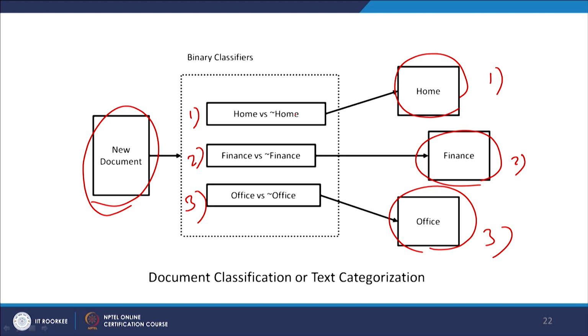Given this document and our trained model, we score the document and find out whether it belongs to home or not, whether it belongs to finance or not, and whether it belongs to office or not, and appropriately that document is going to be classified. So this captures the idea that one document can belong to multiple categories.